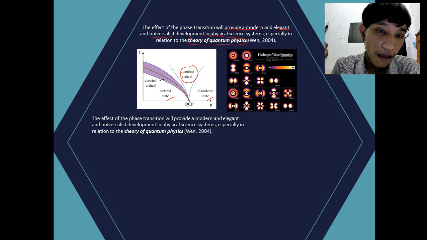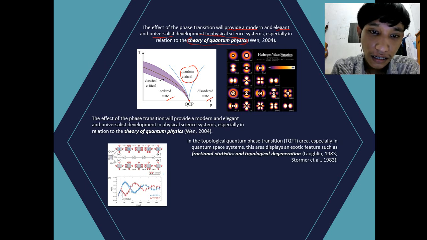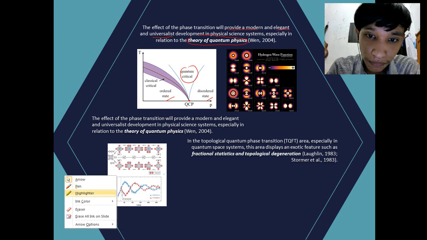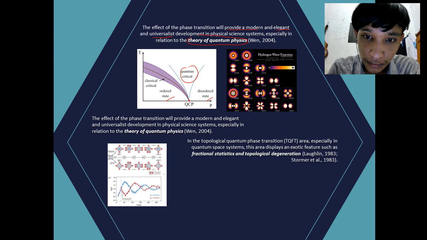So the effect of the phase transitions will provide a modern, elegant and universal development. In this TKFT area, especially in the quantum space system, this area can display exotic features such as the fractional statistics and the topological degeneracies. This is the picture explaining the fractional statistics and the topological degeneracies.